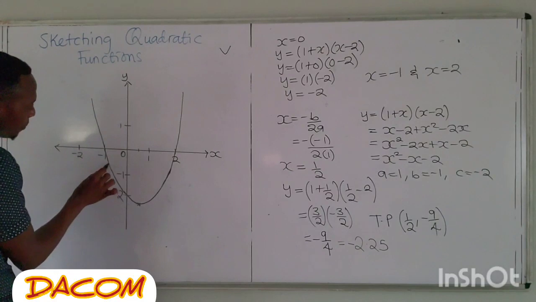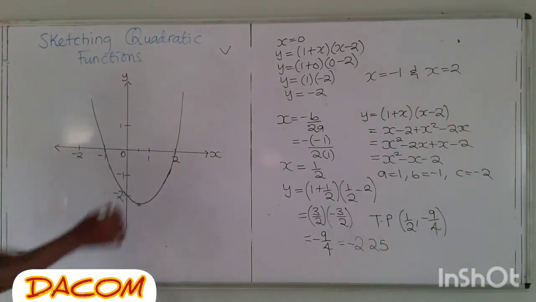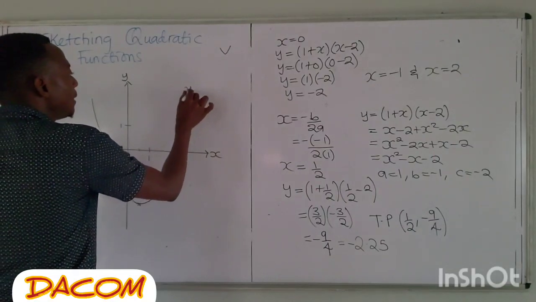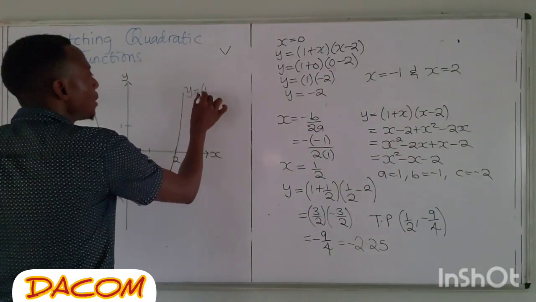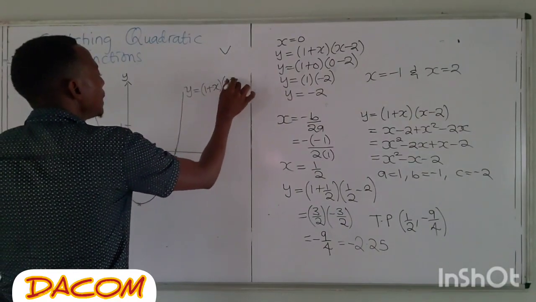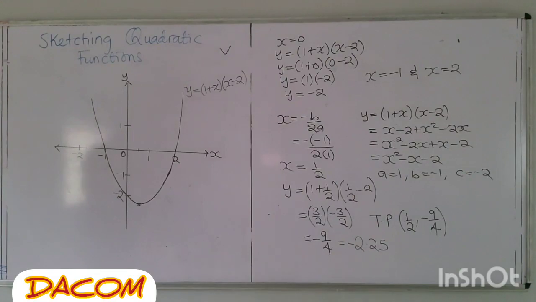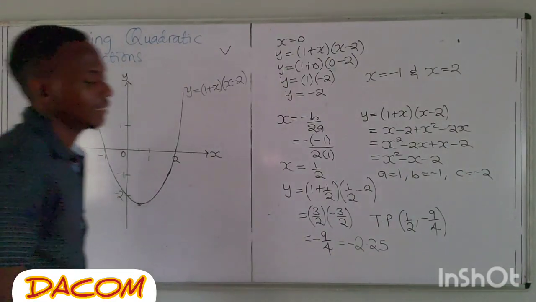So ladies and gentlemen, boys and girls, this is how you sketch a function. Then we will label it y equals 1 plus x multiplied by x minus 2. This means that you have sketched the graph of this particular function.